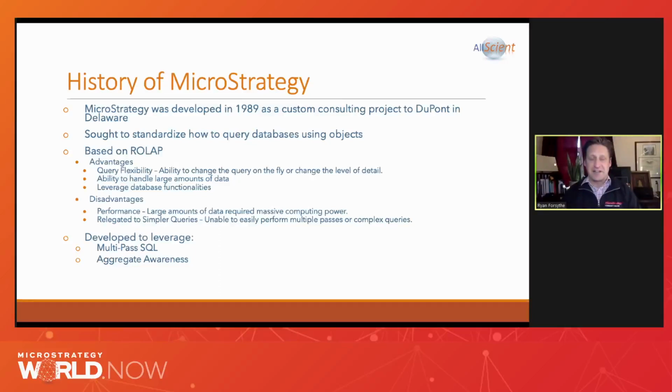Today, MicroStrategy is a little bit of both. But when we talk about the architecture and reports, it's being able to leverage that ROLAP functionality to ask pretty much any question you want, or letting users do that.